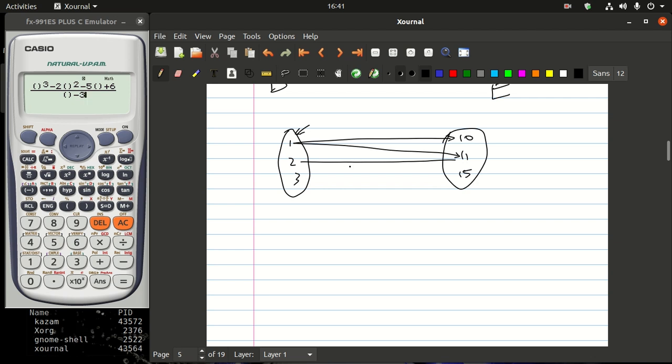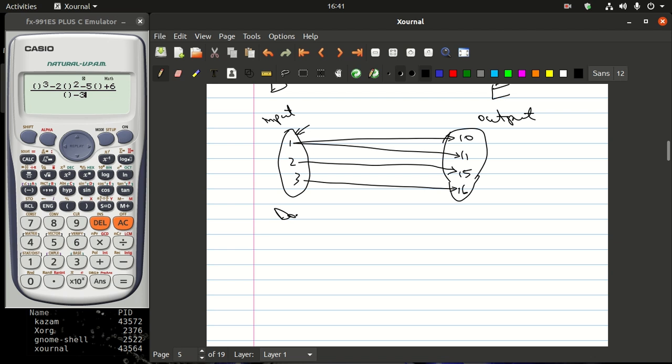Let me put a 16 there. But this element is mapped to one element, and this element is mapped to one element. You can notice that only one element has more than one output. Remember, this side is output, and this side is input.